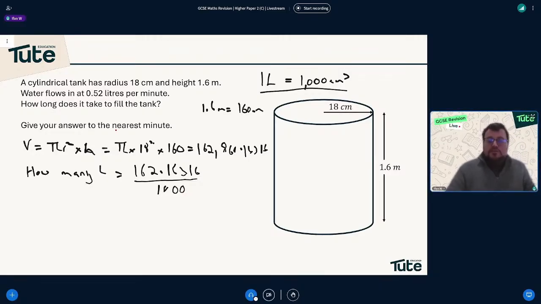Now, even though it tells me to the nearest minute, I'm trying not to round until my final answer. Okay, so 162. I've forgotten something here. Got the 860.